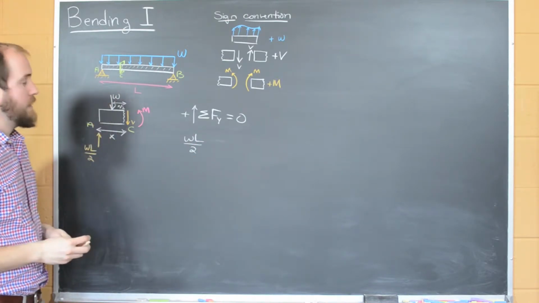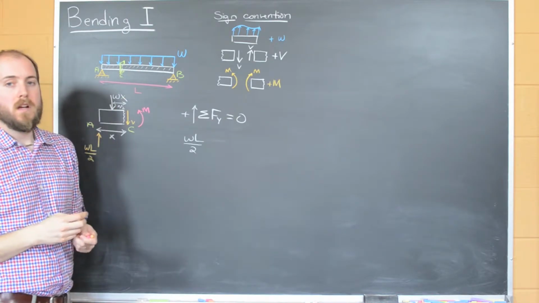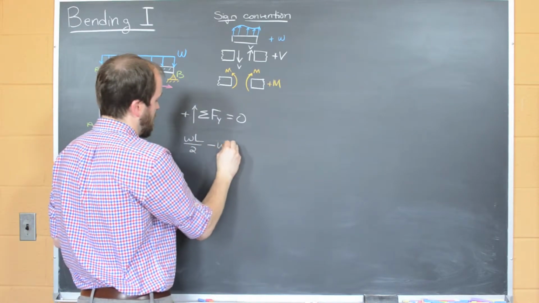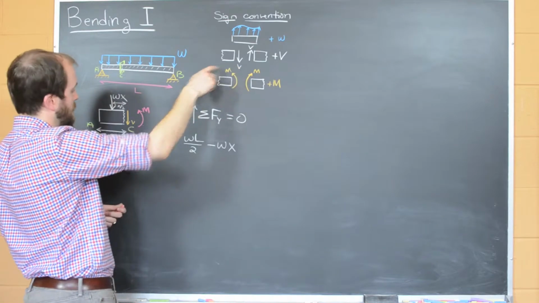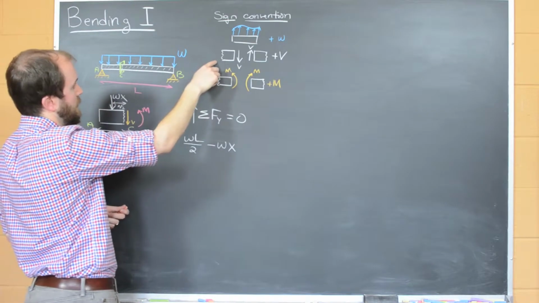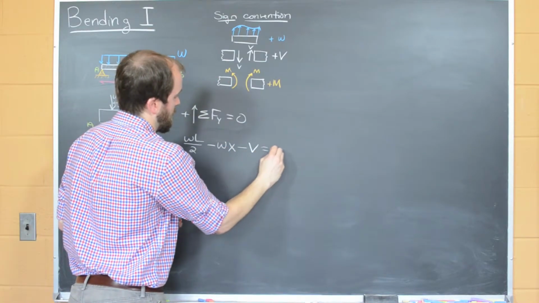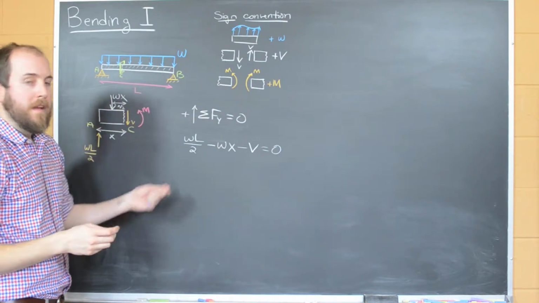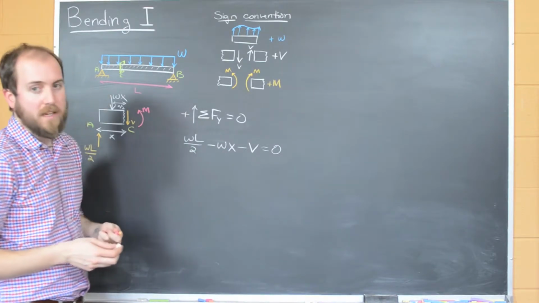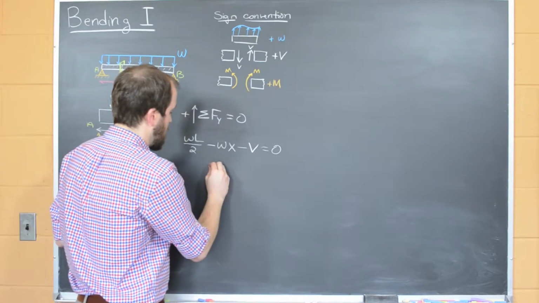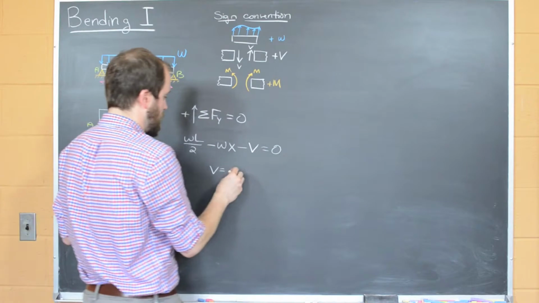There's going to be a negative force, W times whatever distance it is, x, which will be coming down, so negative W x. And as you'll note, our shear force here is actually going negative along the cut, so this is a negative shear force, and all that's going to equal 0. We can easily solve for V here, which is what we want. We want to know what our shear force is. How does it vary along the x-axis of the beam? V will simply equal W times L over 2 minus x.